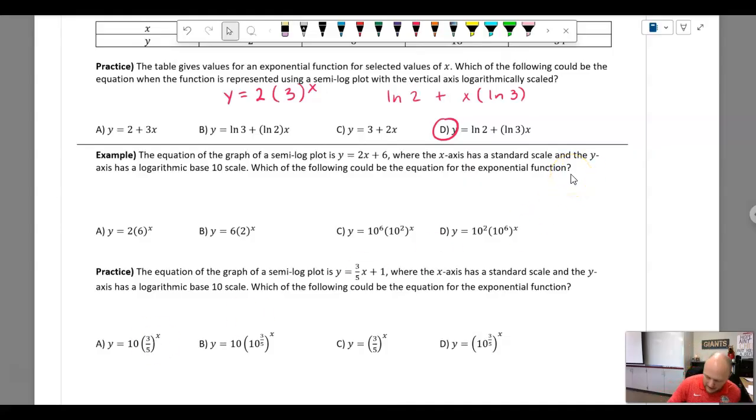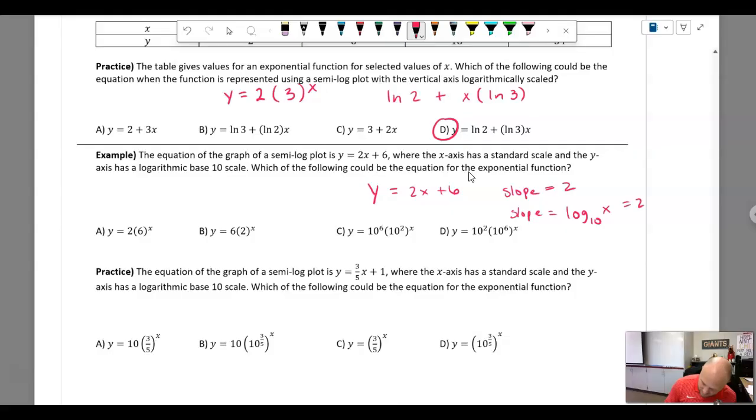Well, if my line appears as 2x plus 6, what they're saying here is that the slope is equal to 2. Slope is equal to 2. So, and since this is base 10, I want that slope. Remember, it's log base 10 of some value. This is going to be your slope.